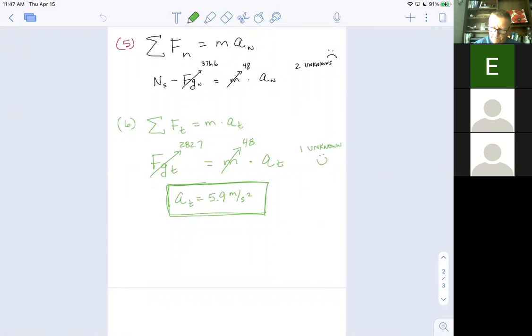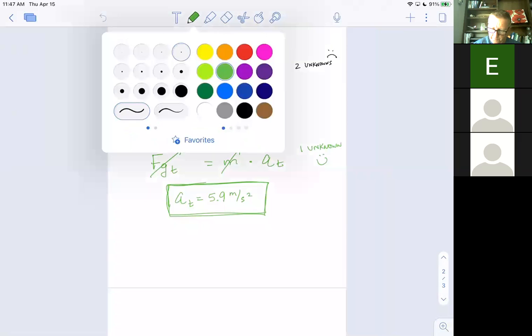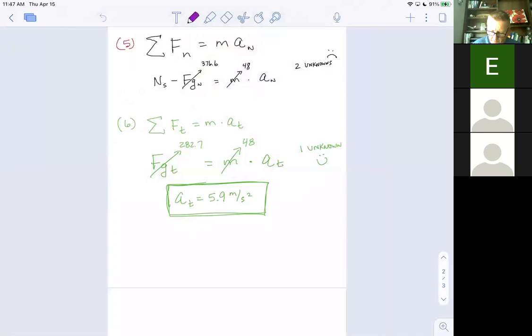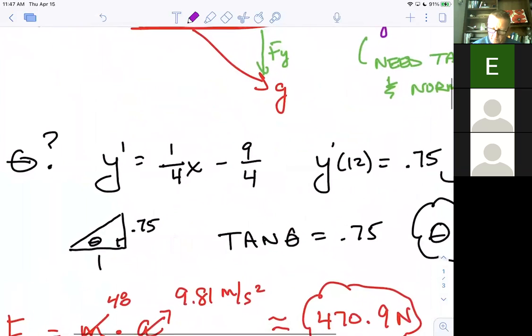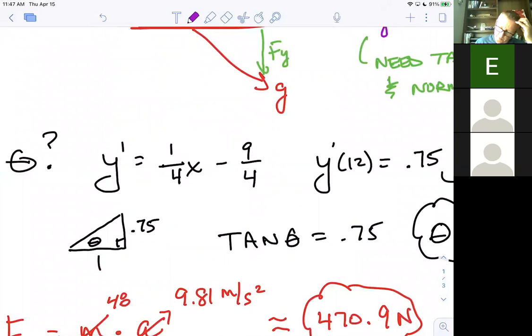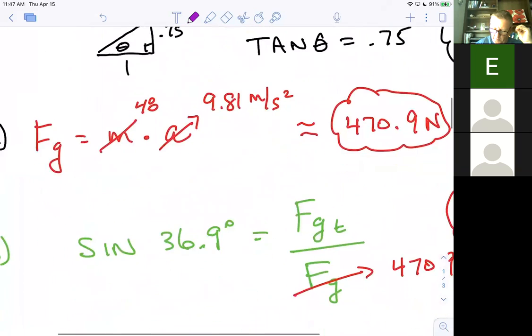So let's use those. 7. The second derivative of this: remember, the first derivative was 1/4 x minus 9/4. So the second derivative would just be 1/4.